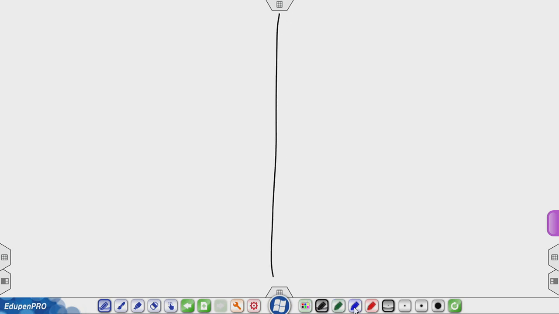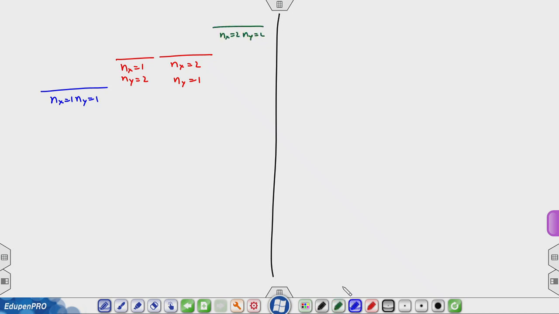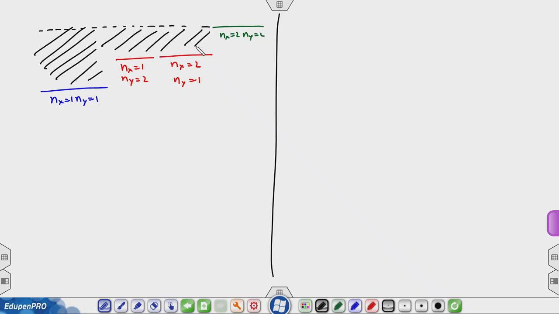For convenience, I will make this picture again. So, I have n x equals 1, n y equals 1, then I have these two levels n x equals 1, n y equals 2 or n x equals 2, n y equals 1, and then I have this level n x equals 2, n y equals 2, and I am filling all the way up to here. These are the levels I am filling in k space.